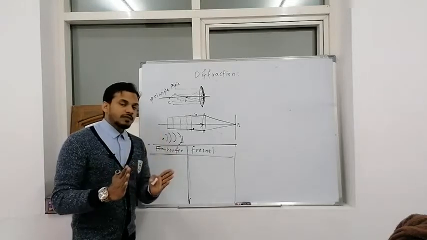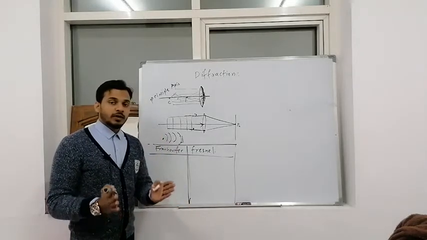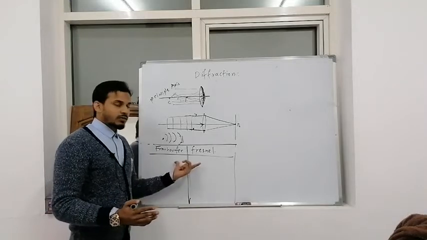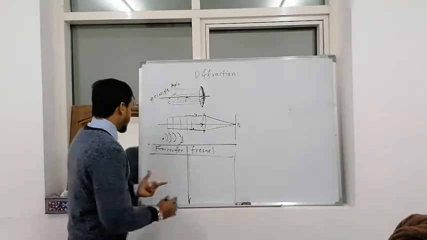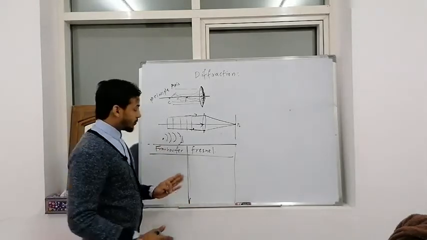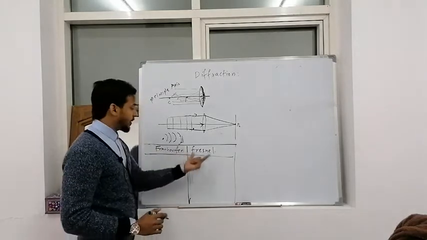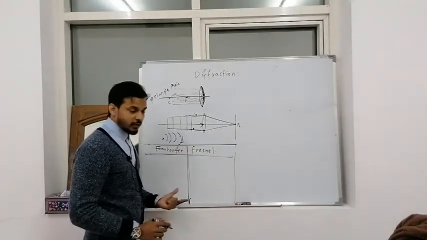How you keep the instruments on the optical bench, that is nothing but the difference. In both cases diffraction will be produced, but what is the difference between when we call it Fraunhofer and when we call it Fresnel?